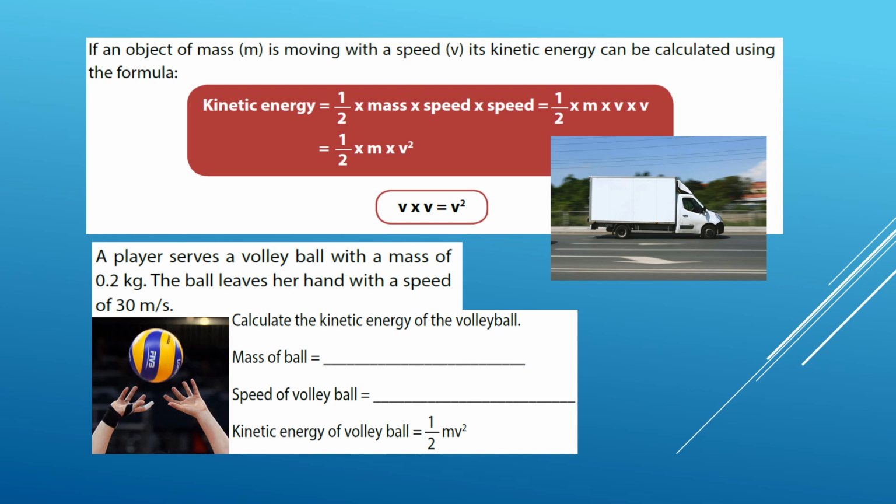So the kinetic energy of the volleyball is 90 joules. Now, if you look at the truck, will the kinetic energy of the truck be more than the volleyball? Think about it.